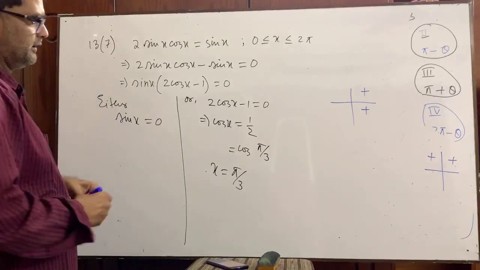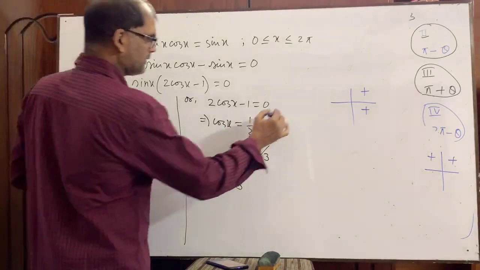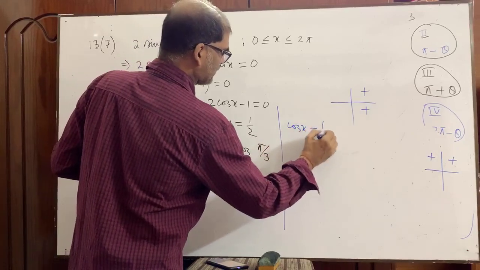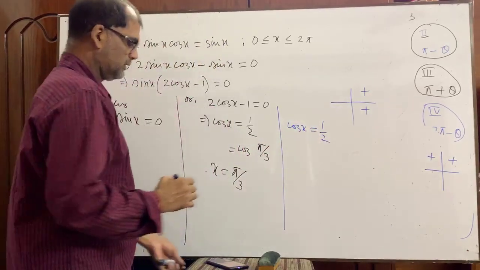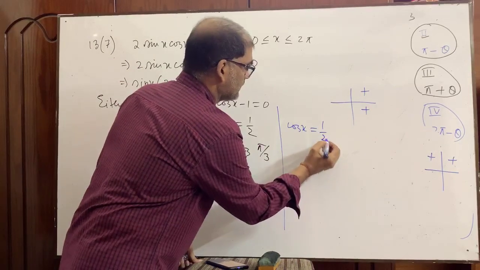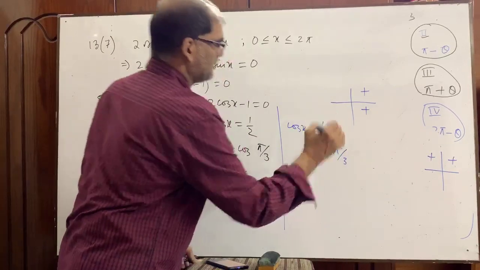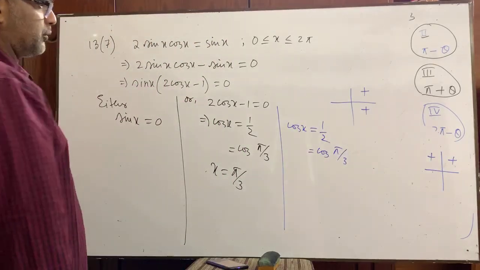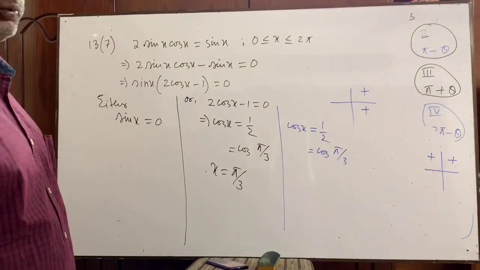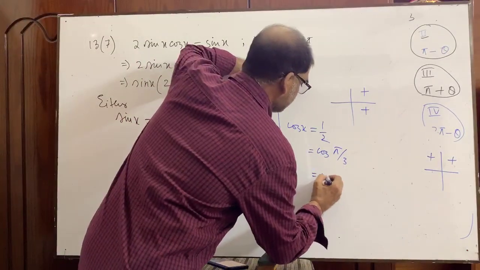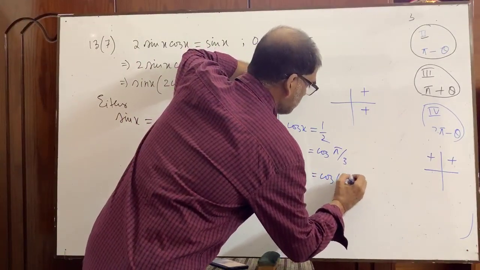Okay. Again, cos x equals half. That means cos pi by 3. In the fourth quadrant, what is the formula? 2 pi minus theta. Cos of 2 pi minus theta.